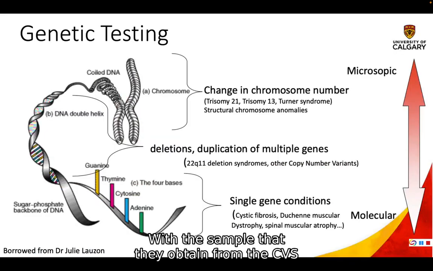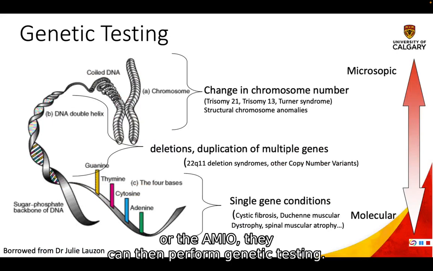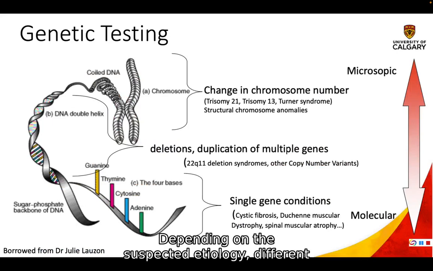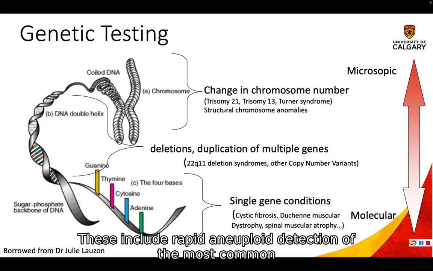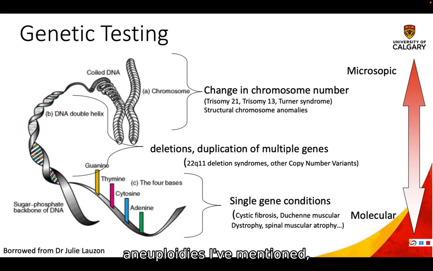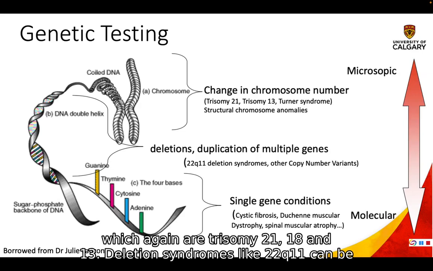With the sample that they obtain from the CVS or the amnio, they can then perform genetic testing. Depending on the suspected etiology, different tests can be done on the sample. These include rapid aneuploidy detection of the most common aneuploidies I've mentioned, which again are trisomy 21, 18, and 13.